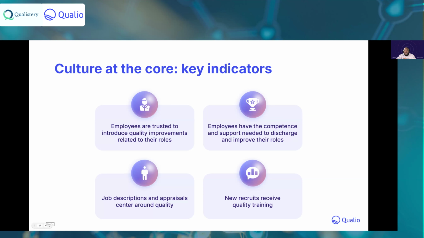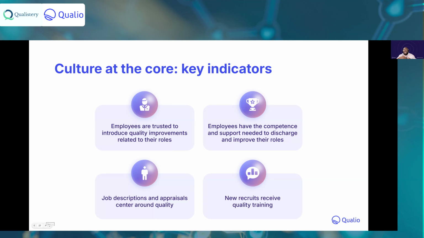Another indicator would be things like job descriptions and appraisals, including those things in your job descriptions. Every employee, regardless of what department they work in, should have some sort of quality metric that we can use to measure their performance.